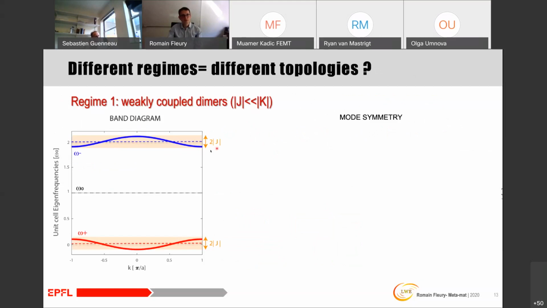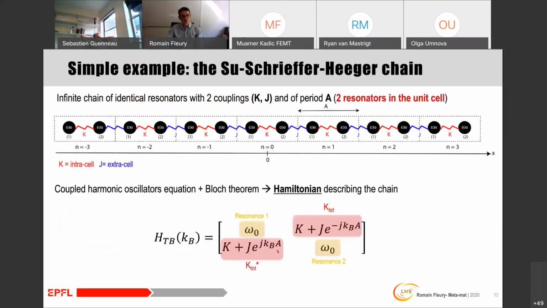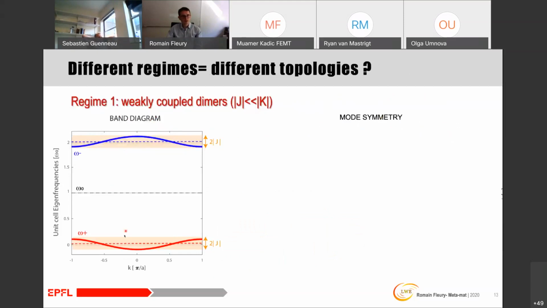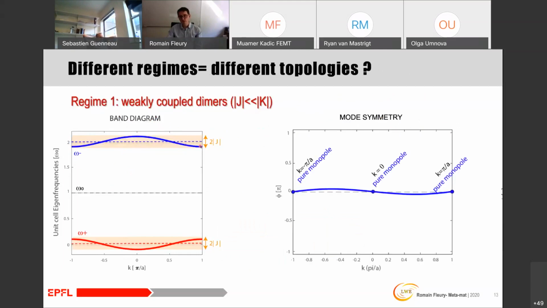If you look at the band diagram, and you can get to this band diagram by taking the eigenvalues of that matrix I just showed, you see two bands because it's a 2 by 2 matrix. And you can look at what the modes are on one band. Say I pick this band, the blue one. I can look at what the mode is there.